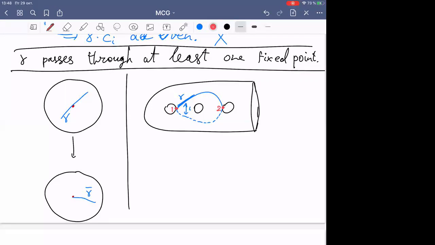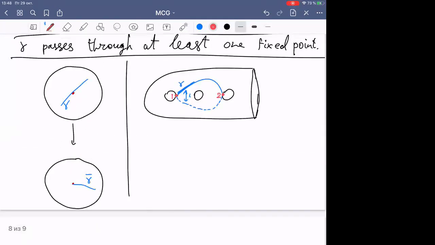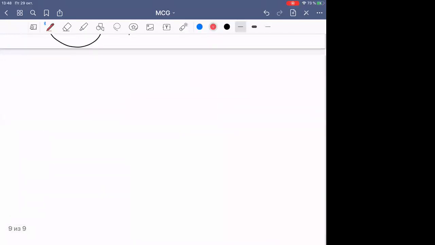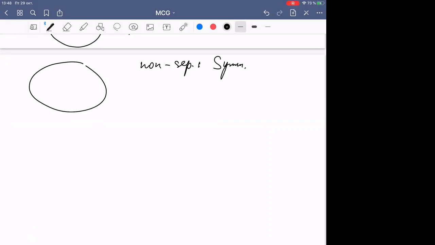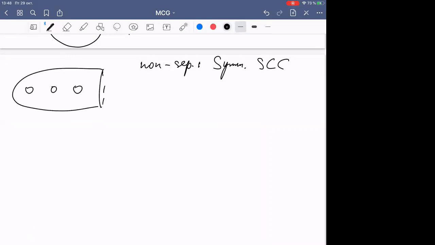So for each non-separating symmetric simple closed curve, the picture is like that. Upstairs, we see a curve which passes through exactly two fixed points. Oh, sorry, it's better to draw it.